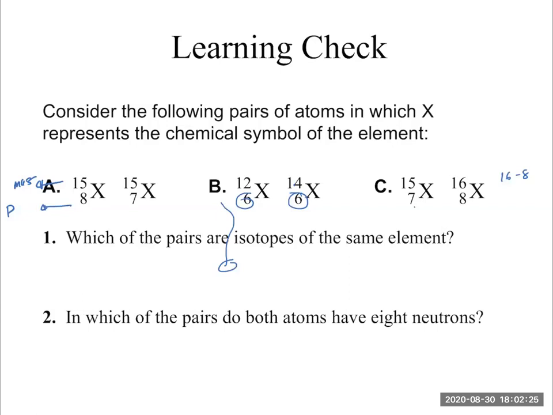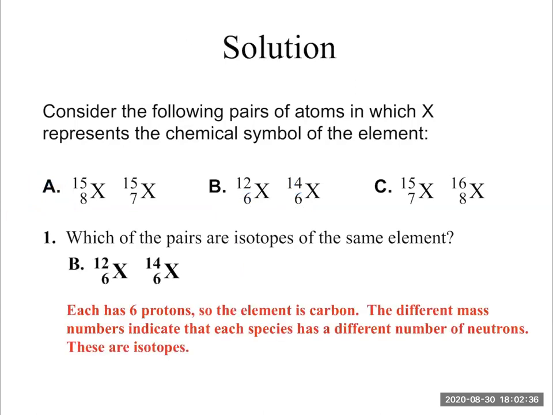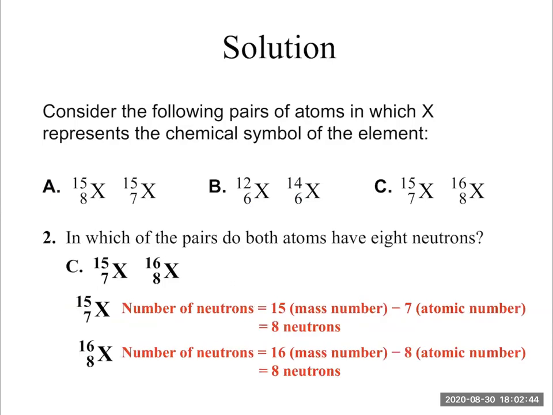So you want to make sure that it's going to be 15 minus 7, that will give you 8. So it will be C. That's the answer for the first one. Answer for B. So see this, 8 and 8.